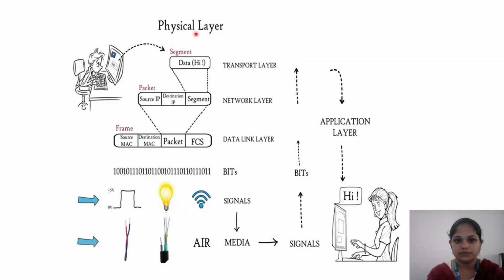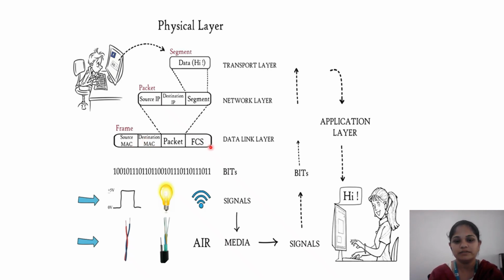In the transport layer, the segment has the data. In the network layer, the segmentation happens, and along with the segment, the IP address of the source and destination is added. That is nothing but the packet. The packet is given to the data link layer, which frames the entire thing into a single one, with the destination MAC address and source MAC address, forming the frame.